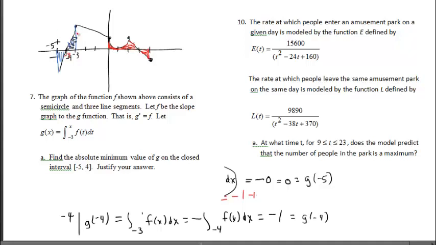So really all I need to do is find the area in this trapezoid, add it to 1, and add the area underneath this semicircle. I say that's all I need to do. I know that's a lot of work, but it's doable.